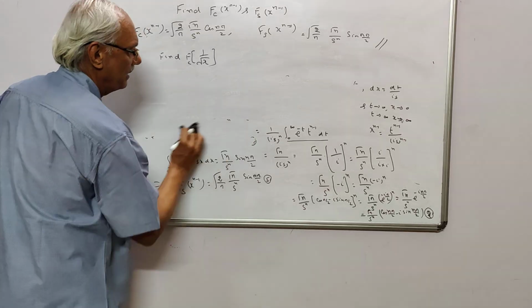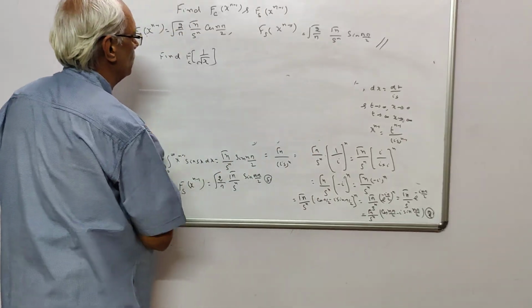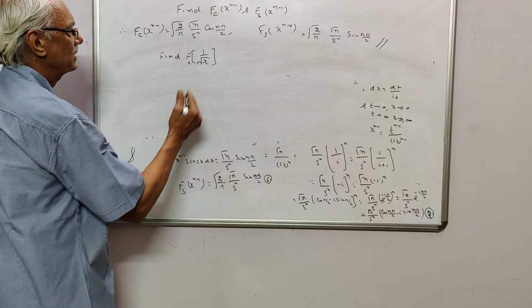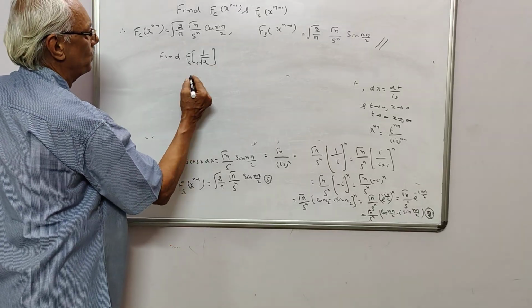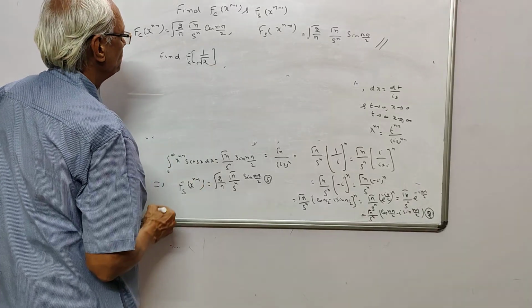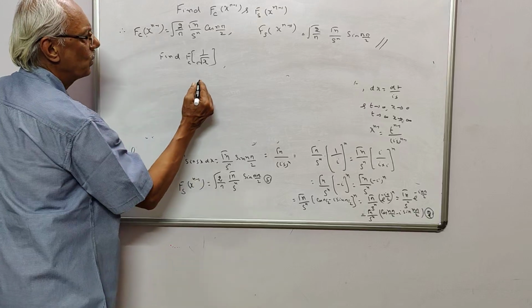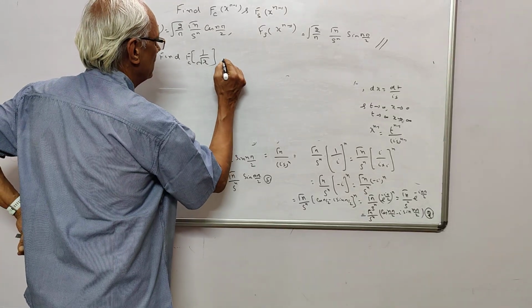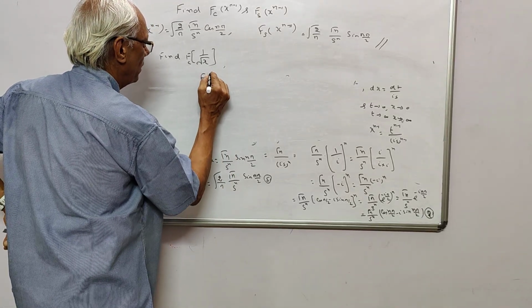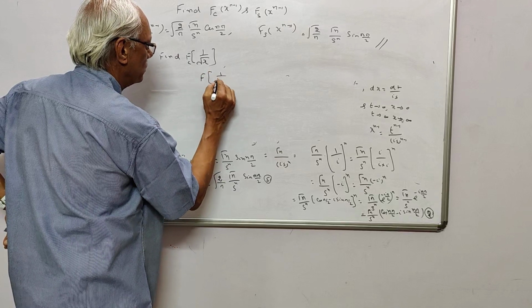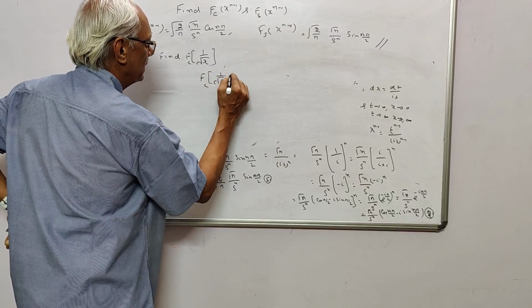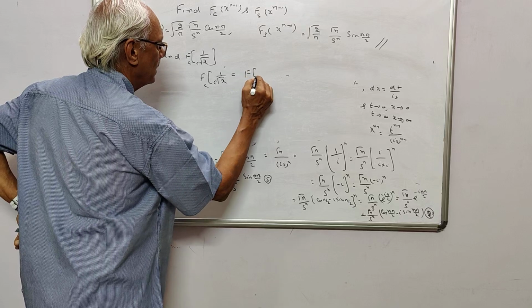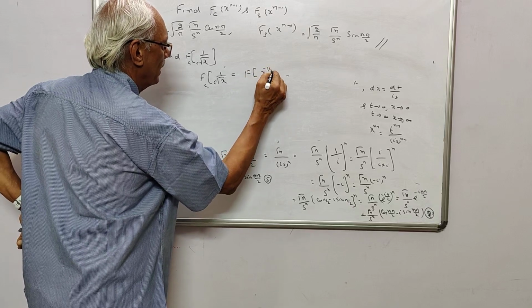So you see that Fc of x to the power of n minus 1 gives x to the power of n minus 1. So here, find this. That means f of 1 by square root of x is equal to f of x to the power of minus half.